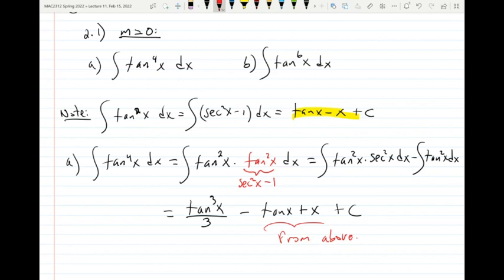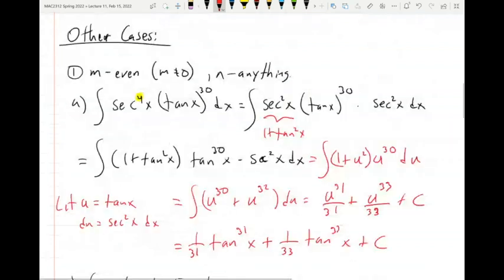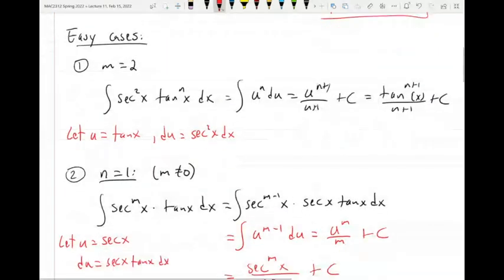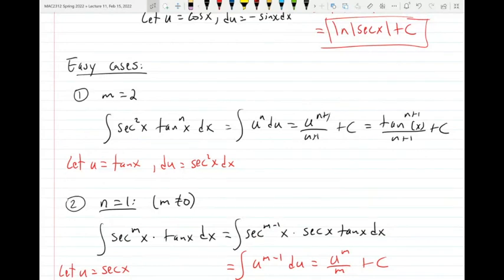What I'm saying is, for this kind of stuff, if you want, you can write u equals this, but you don't really need to because it's quick. In general, remember, that was the very first easy case, and we did it completely in general. If you have secant squared times tangent to whatever power n, the result is tangent to the n plus 1 over n plus 1. That's basically what we're doing.